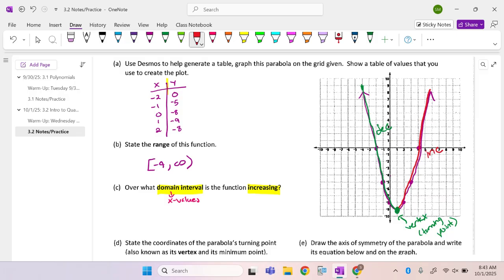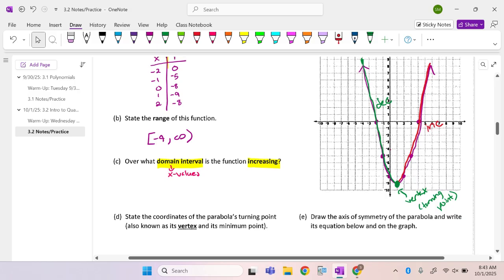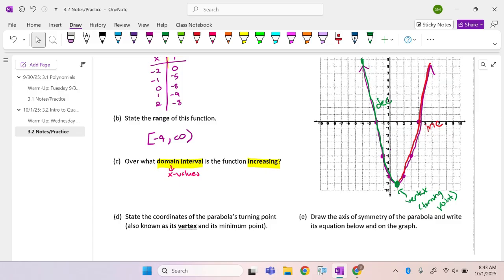All right, so now let's write an interval to describe this. So we're looking at increasing, we're looking at x values only. So at what x value does my interval of increase, or the red, start? Nope, not -9.